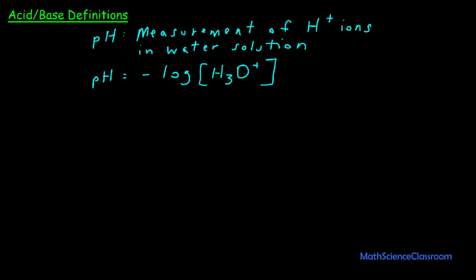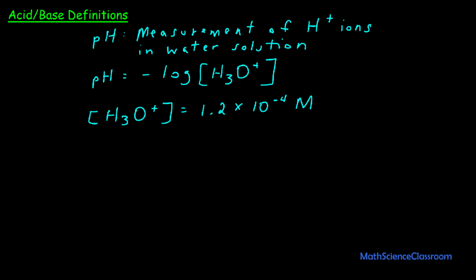So let's look at an example. Say we are given a molar concentration of hydronium, H3O plus concentration, equals 1.2 times 10 to the negative fourth molar.